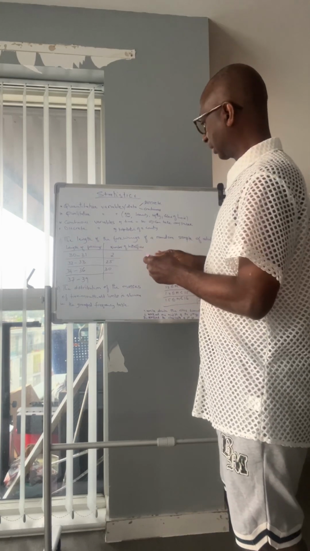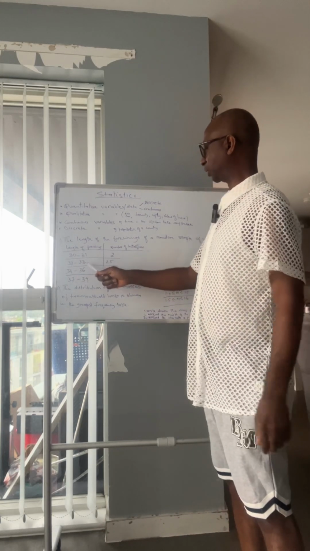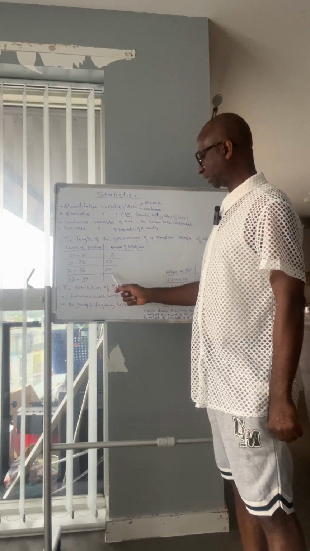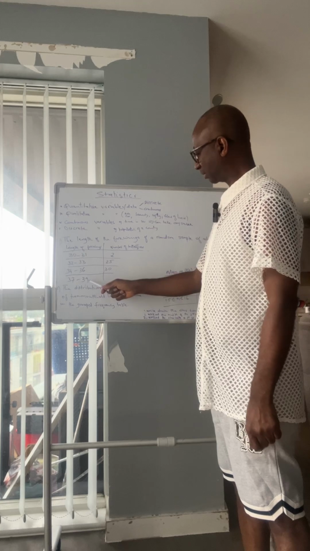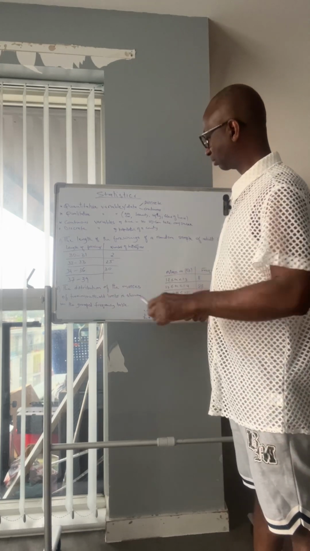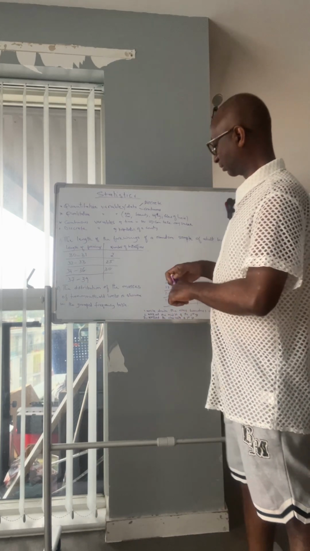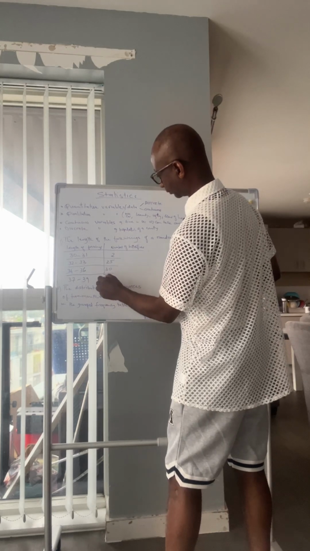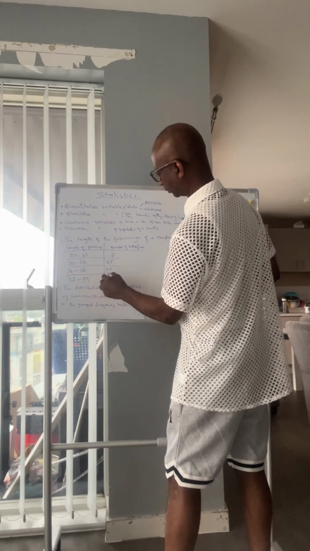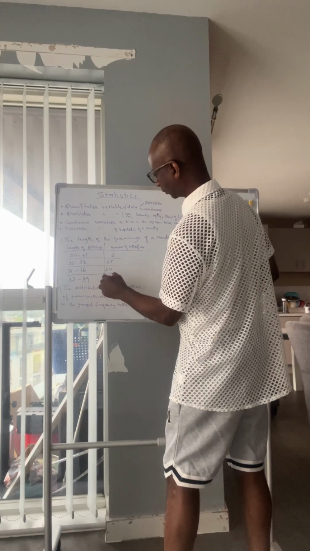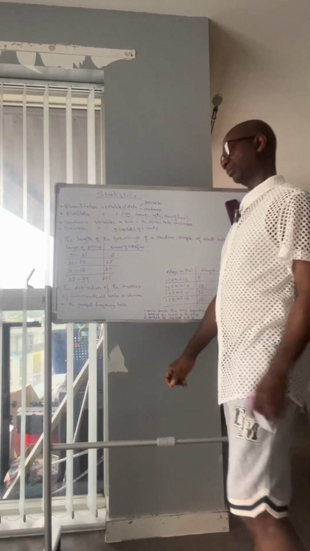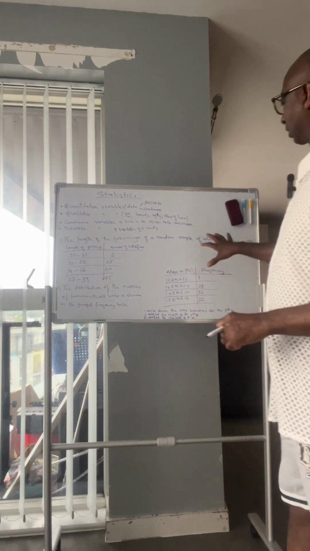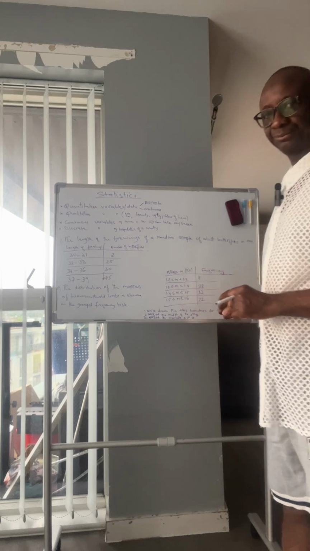In the other category, 32 to 33, you have 25 butterflies. The other category, 34 to 36, you have 30 butterflies. Then 37 to 39, you have 45 butterflies. This is problem number 1.